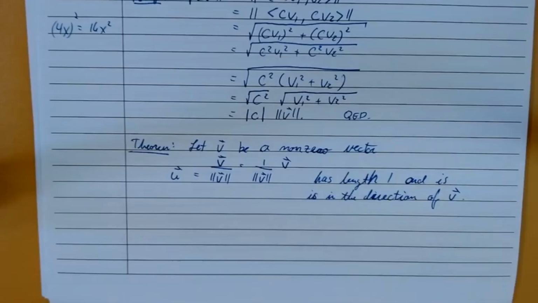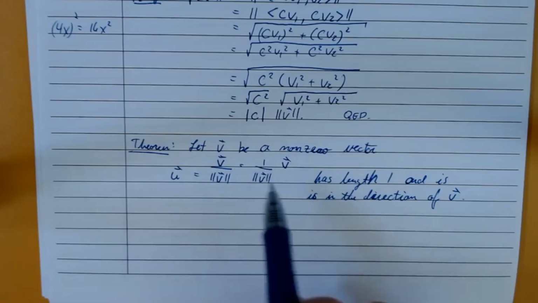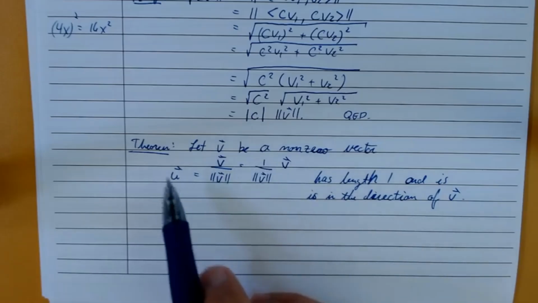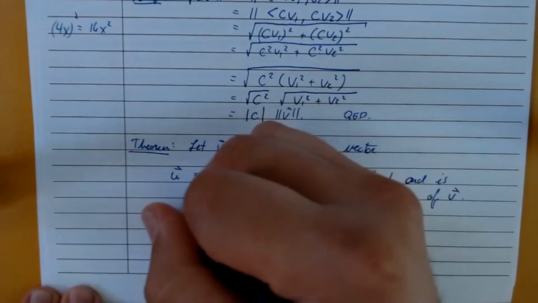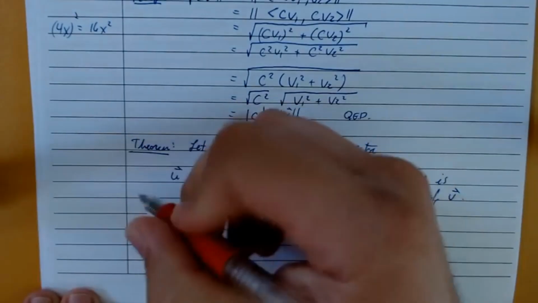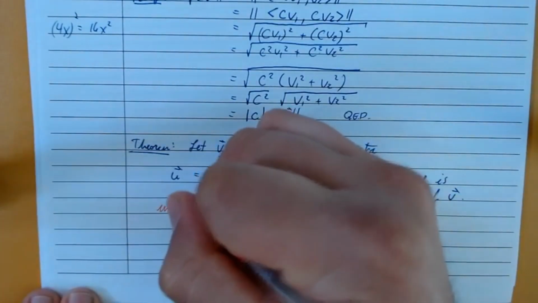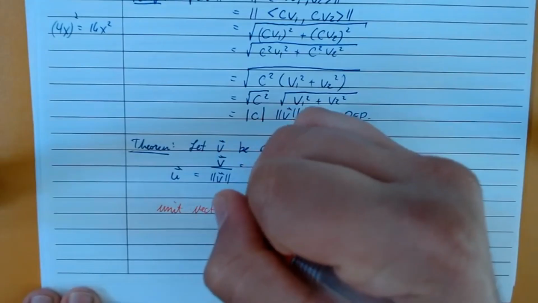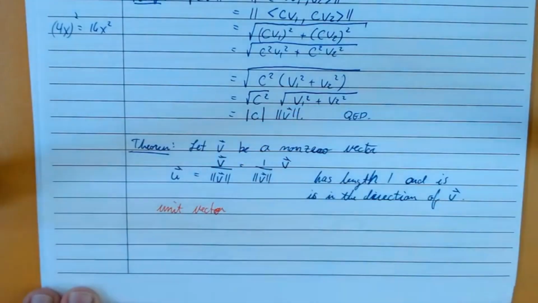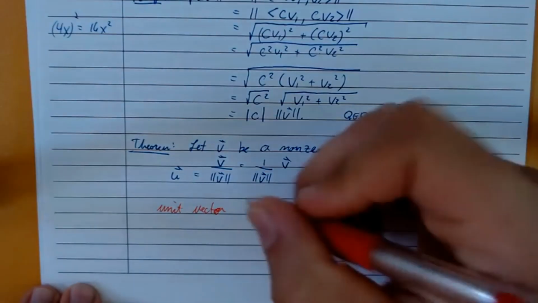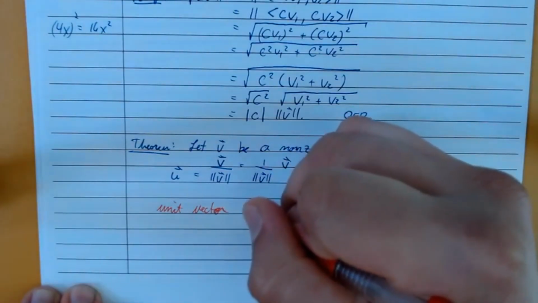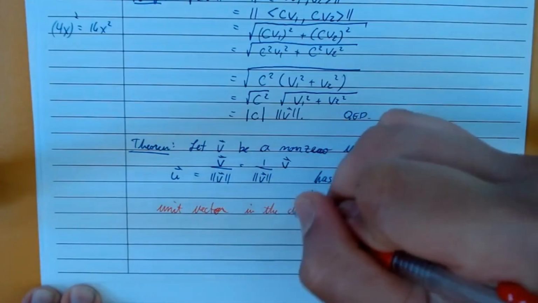That way, length is no longer a consideration. It's just 1. We'll be utilizing this kind of unit vector later. That's why we use the symbol U for this. This is what's called a unit vector in the direction of V. It preserves the direction while making the distance a predictable value of 1.